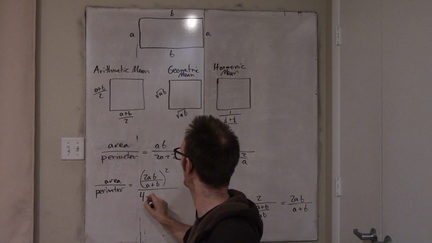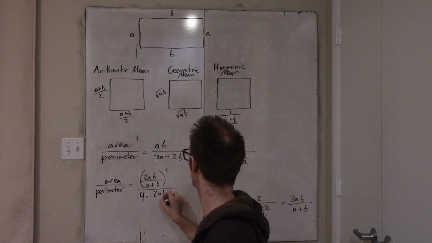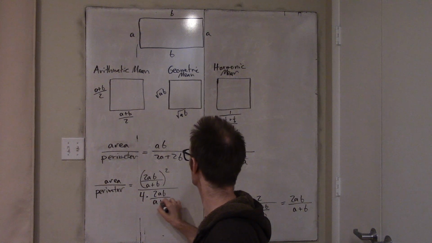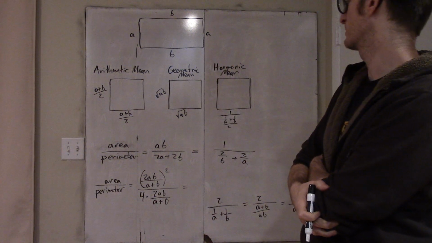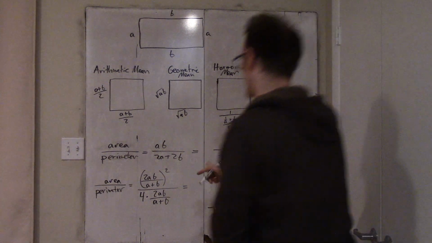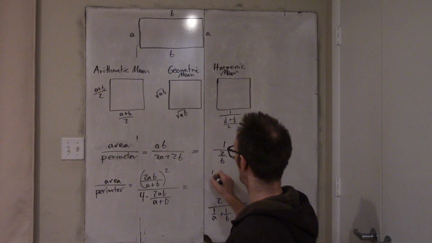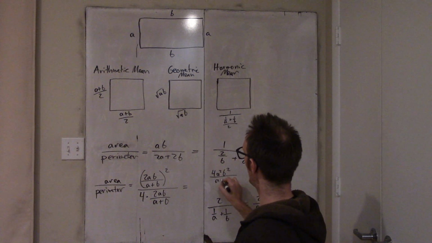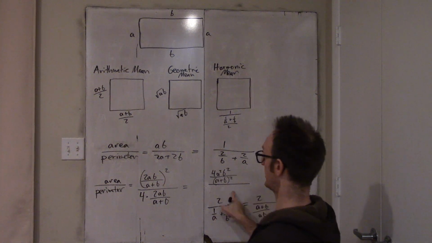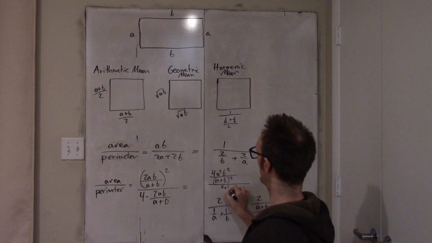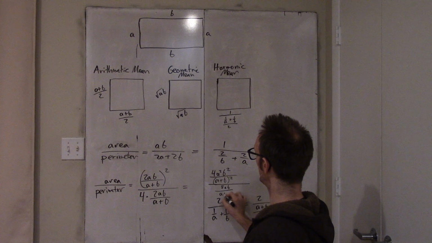So it's going to be 4 times 2AB over A plus B. And, alright, what happens when you do all that out? We get 4A squared B squared over A plus B squared, all over 8AB over A plus B.